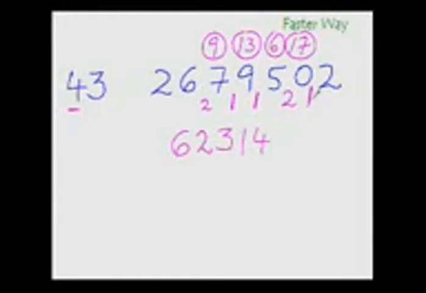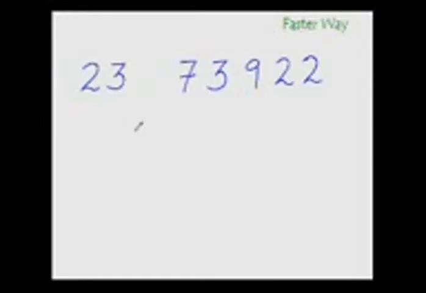Now the next dividend would be 12 minus 3 times 4, that is 12, that is 0. Moment you get 0 as the dividend, that means the answer that you have got so far is the complete answer. So this is my answer, 62,314.